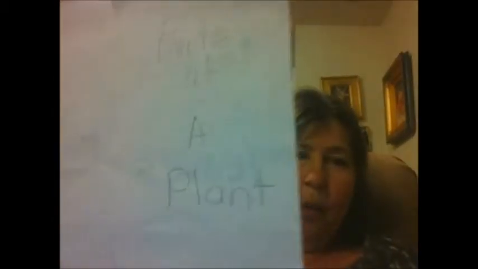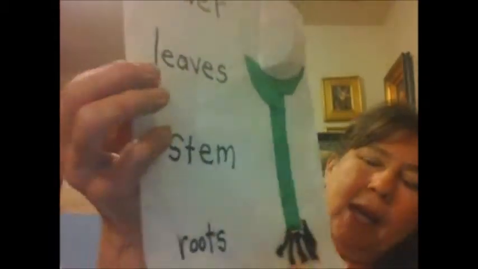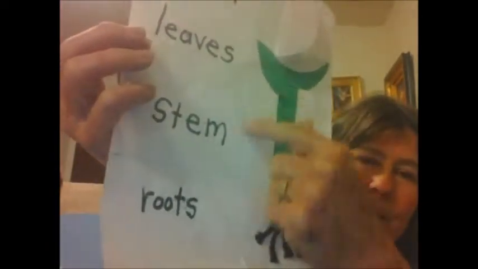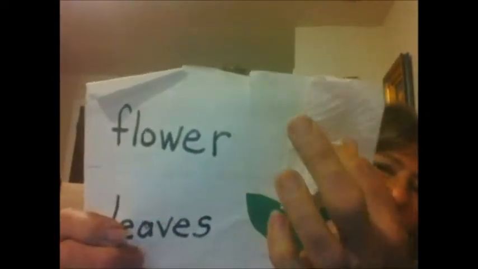We call it the parts of a plant, and we have the flower, the leaves, the stem, and the roots all in the right place with the little yarn for the roots, and then the stem and leaves out of construction paper, and then just a little muffin cup holder that's been used for the flower here, which makes kind of a clever little flower.